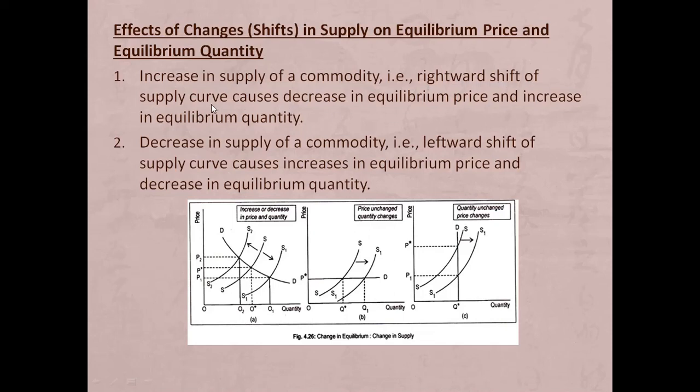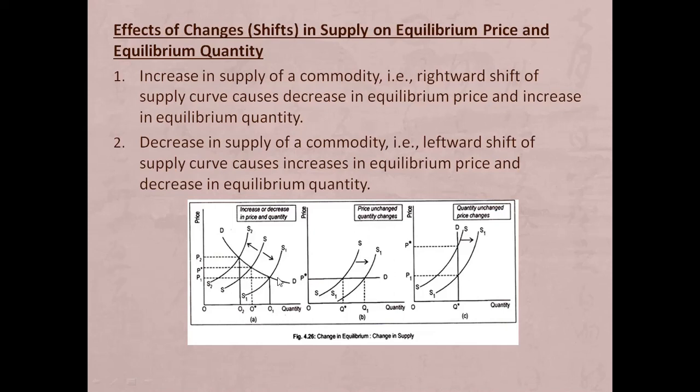which will cause a decrease in equilibrium price. You can see in this picture that this SS is the initial supply curve, and now it is shifting towards the right hand side. What will happen at this point of time? The quantity to be supplied will increase, and the price decreases.